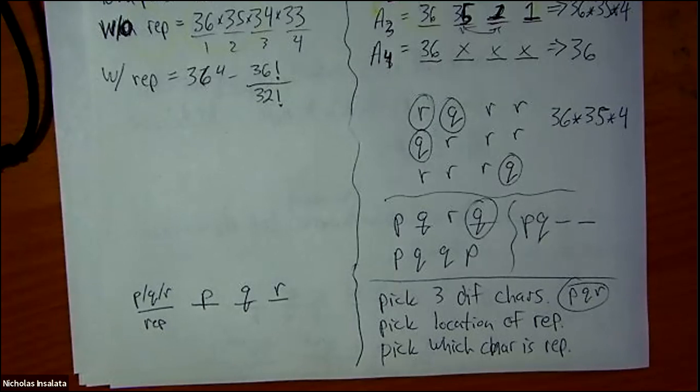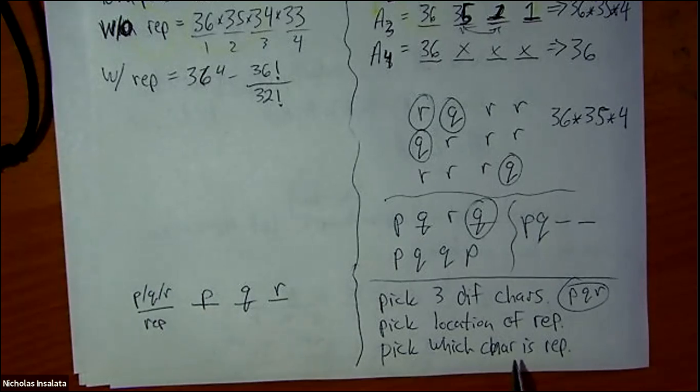Does that make sense? Yes, perfect. That's a great way of putting it. So you could think that the original P is here and there's a repeated P here, or you could think that the original P is here and the repeated P is here, but you're counting the same thing twice. That's exactly right.